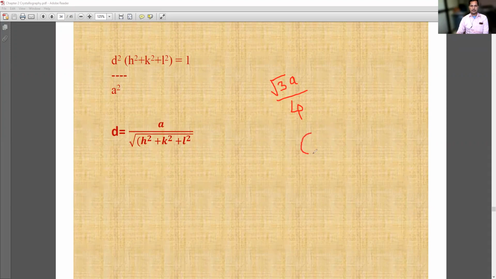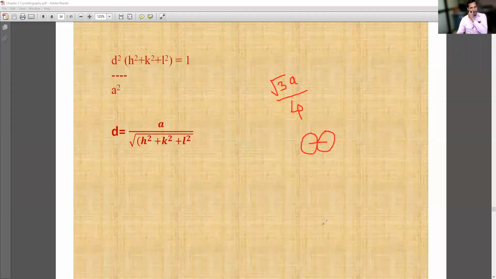If we consider 2 atoms, we consider from center to center. This is the nearest neighbor distance, and half of it becomes the atomic radius.